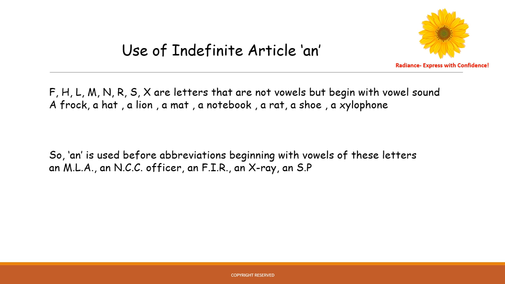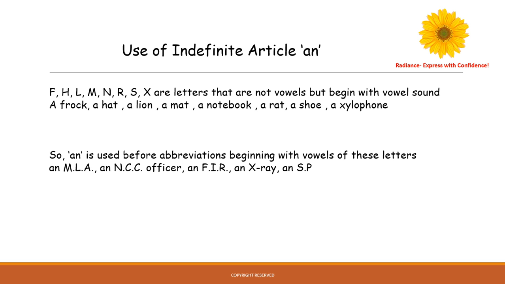They are not vowels. So any word which begins with these, like frock, hat, lion, mat, notebook, rat, shoe, xylophone, all these words begin with a consonant sound, and that's why we are using article a before that.